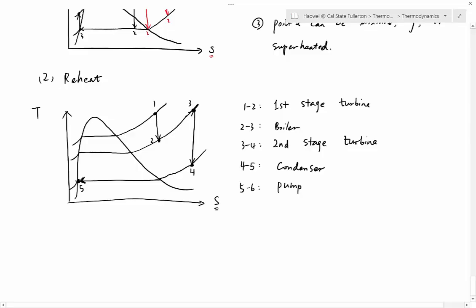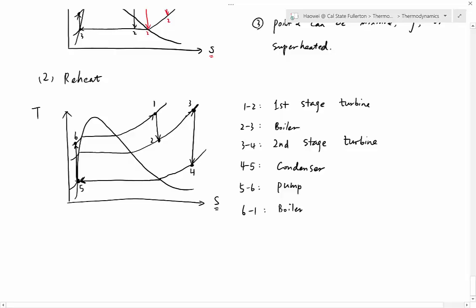Pump up the pressure before you send it back to the boiler. 5 to 6, you pump up to the highest pressure. So you go straight up to the highest pressure line. And then the last one, 6 to 1, same as before. 6 to 1 is along the top constant pressure line. That's the boiler again, where you gain heat.